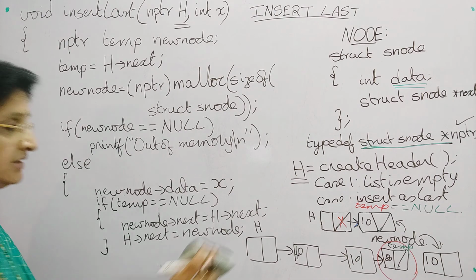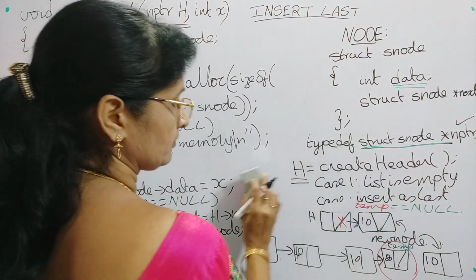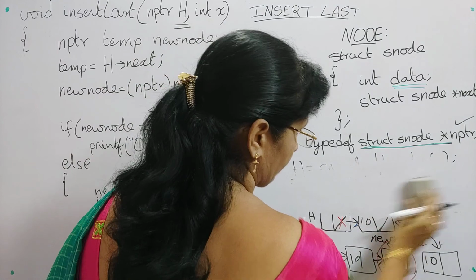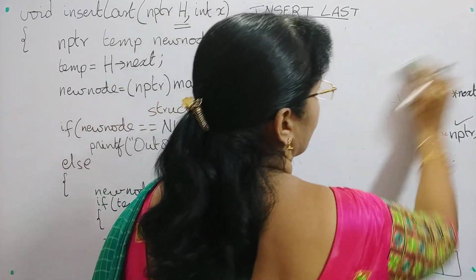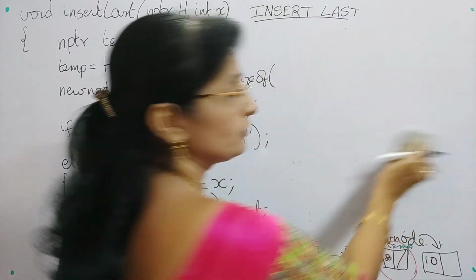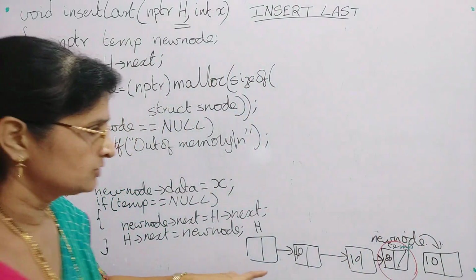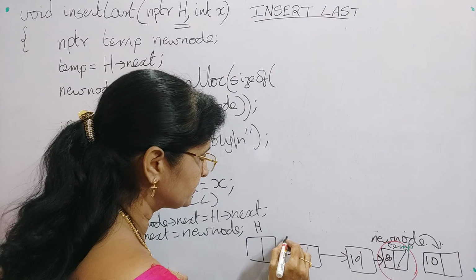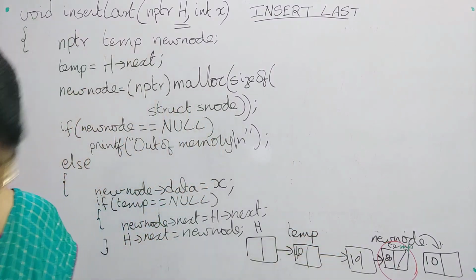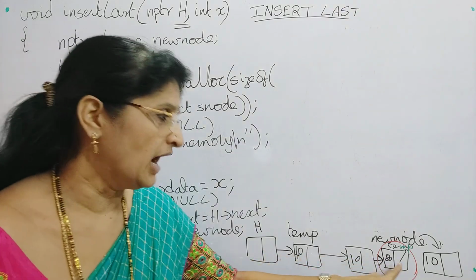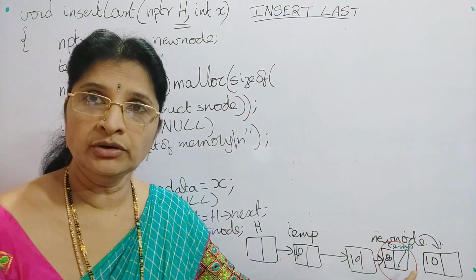Okay, I will write the second case here. So this case is over. Now we have to write this case. For that, we will start the temp from here and move until its next is equal to null.